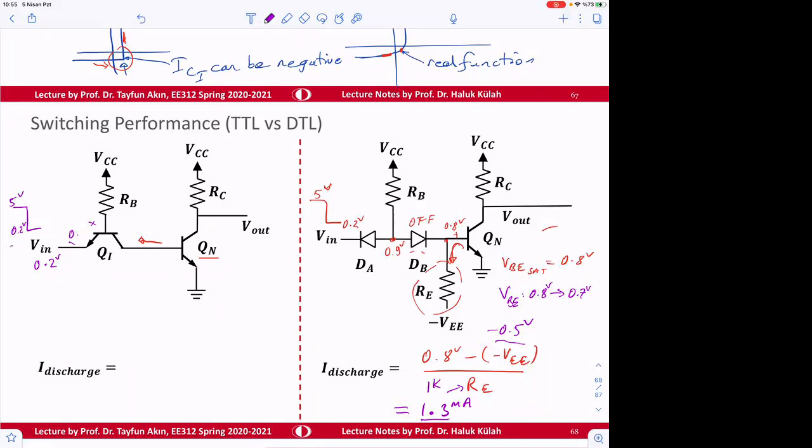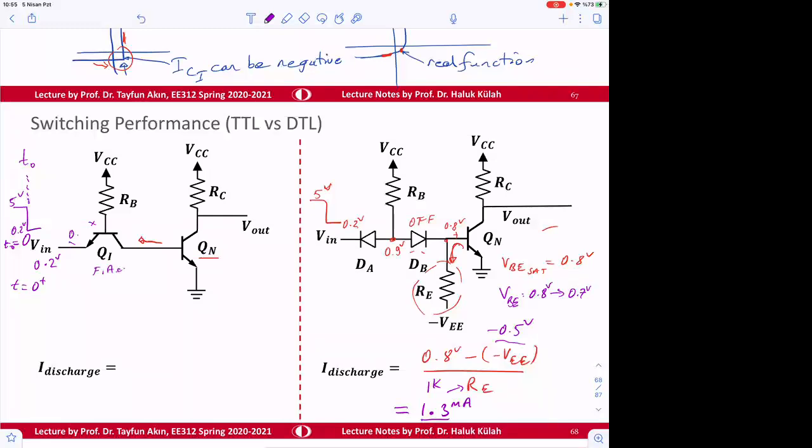Let's say this is t equal to 0. Okay, so that's the t0 point. So when t is equal to 0 plus, Qi becomes forward active.